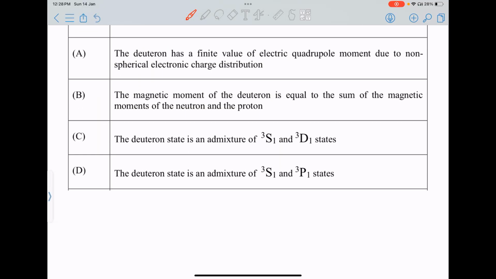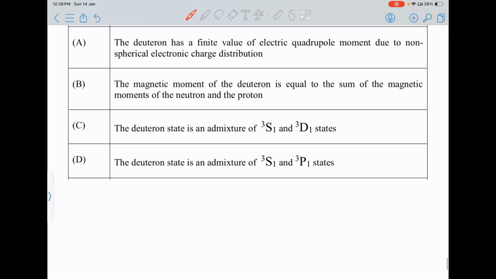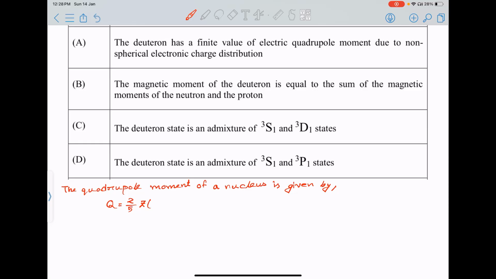The first is about the quadrupole moment of a deuteron. So the quadrupole moment of a nucleus is given by Q equals 2 by 5 Z times (B square minus A square).